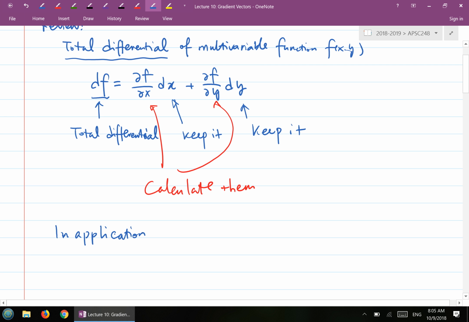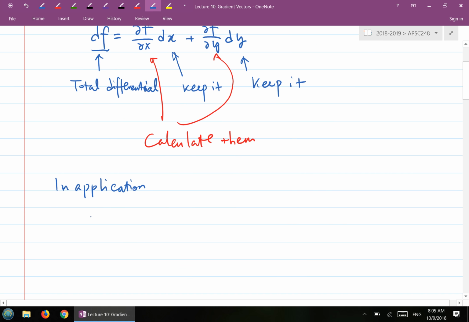As I explained to several students, this quantity, the straight df, is an infinitesimally small quantity. That's why it's called a differential. In reality this quantity doesn't exist; you cannot have an infinitesimally small quantity. So in reality, what we have is delta f, a very small quantity.